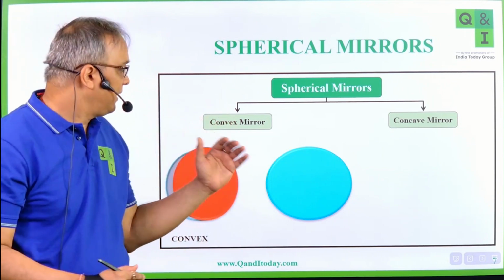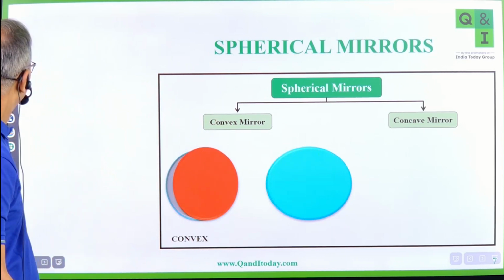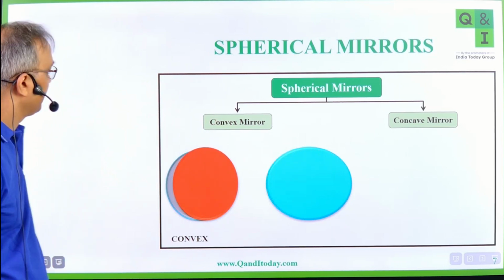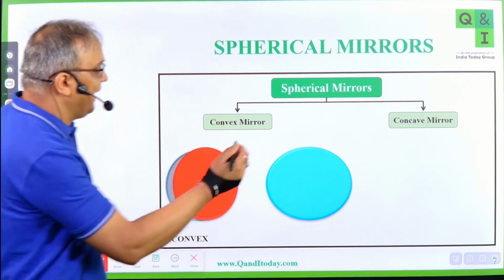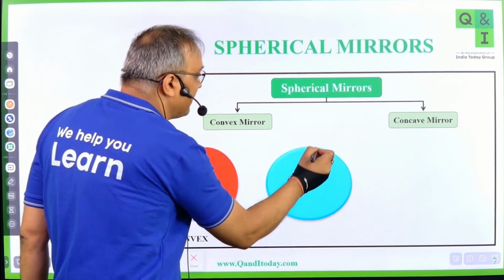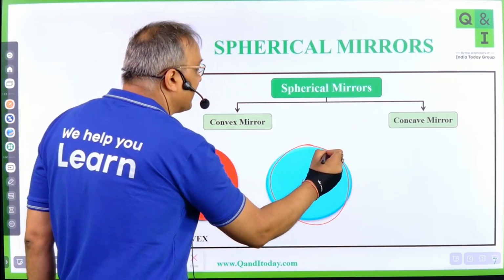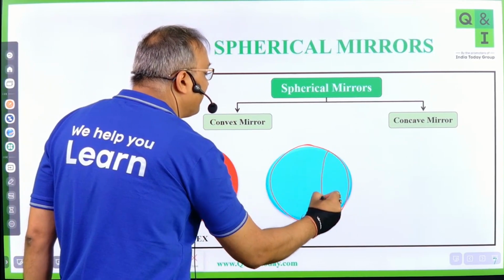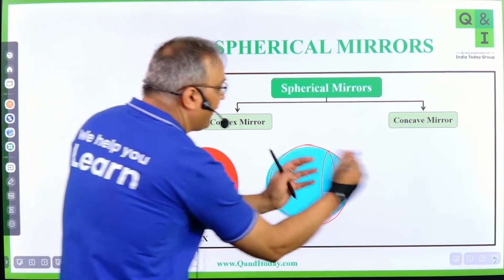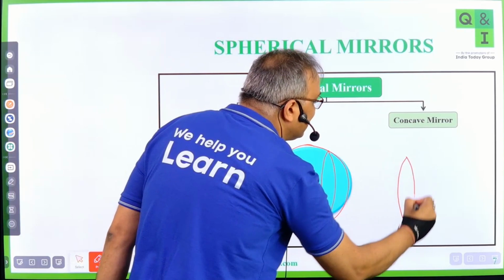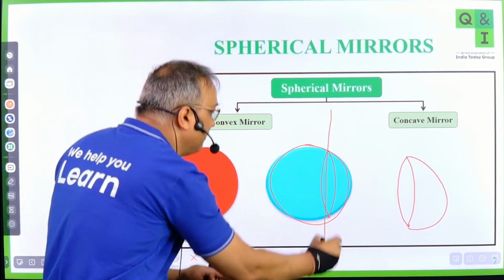So if you see here, as I said, in a concave mirror, if this is my sphere and I cut it, you will find something like this, a part of that sphere. This is the part of the sphere, and I have cut it by a plane like this.